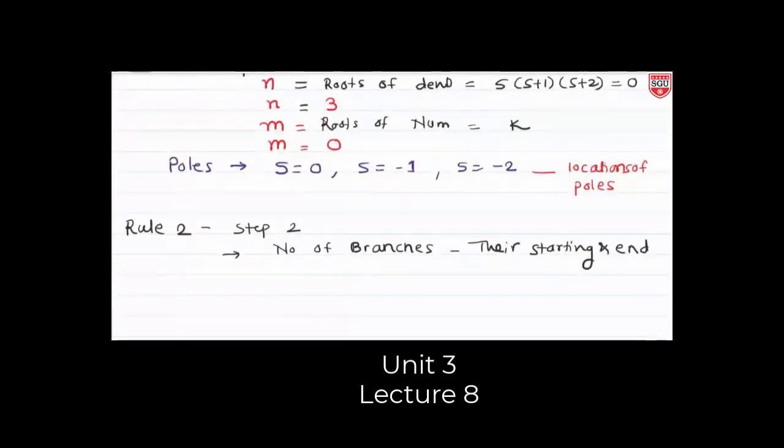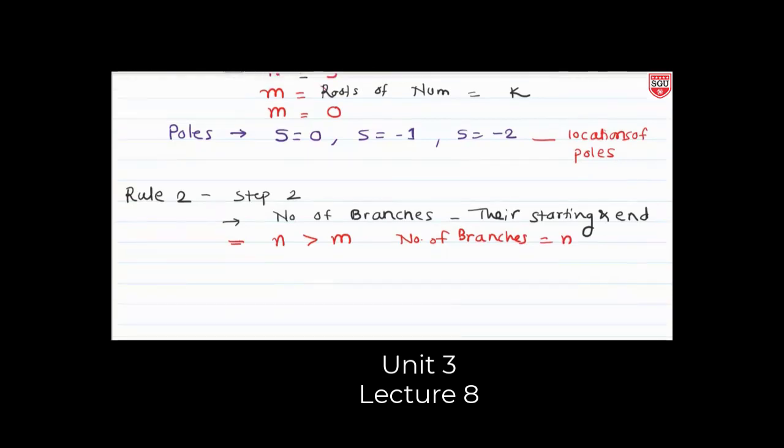What does the rule say? If N is greater than M, the number of branches is equal to N. So here N is equal to 3.